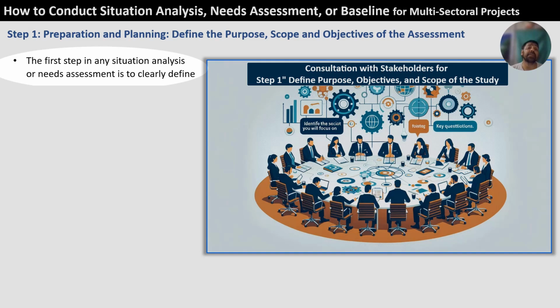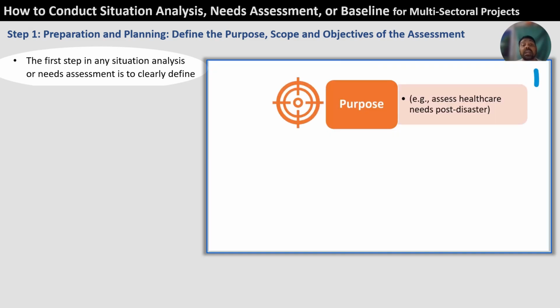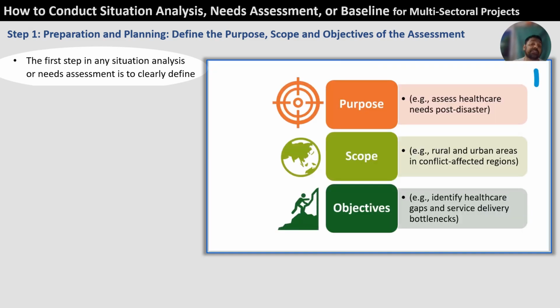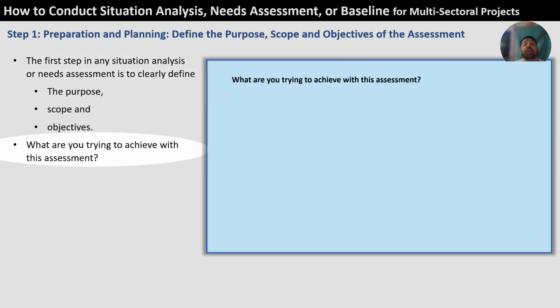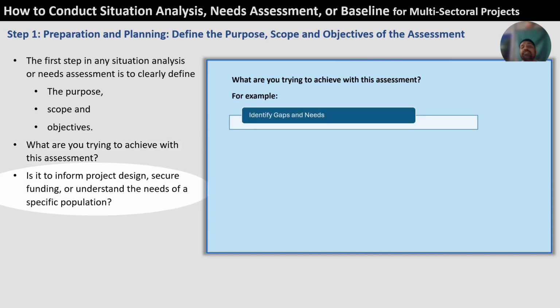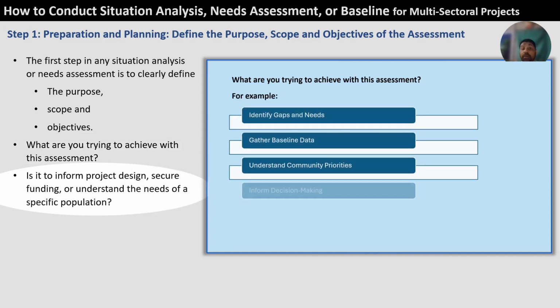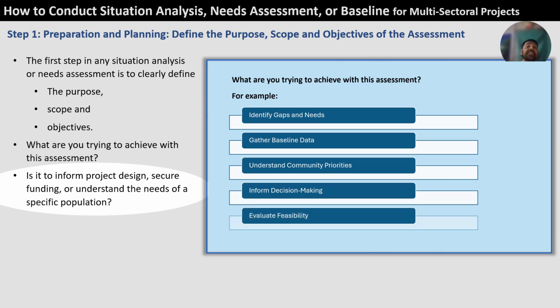The first step in any situation analysis or needs assessment is to clearly define the purpose, scope and objectives. What are you trying to achieve with this assessment? Is it to inform project design, secure funding, or to understand the needs of a specific population?